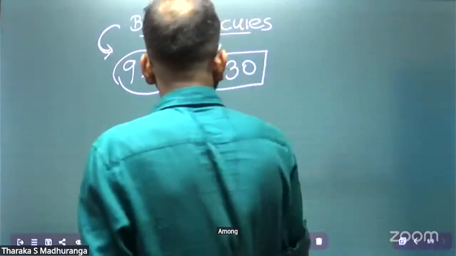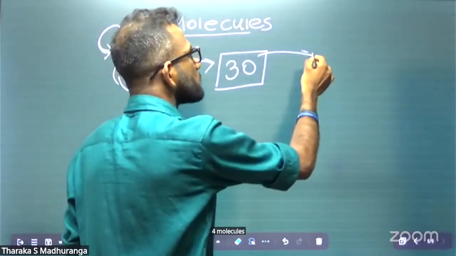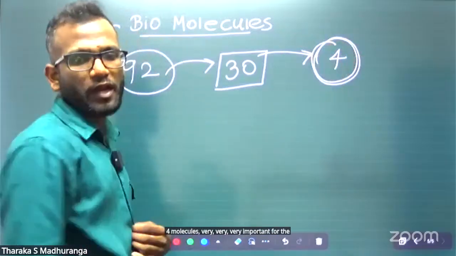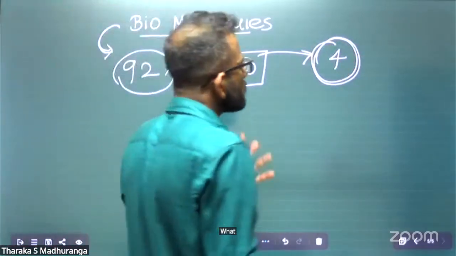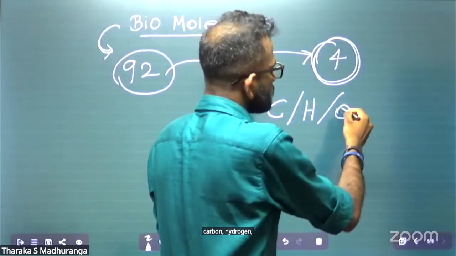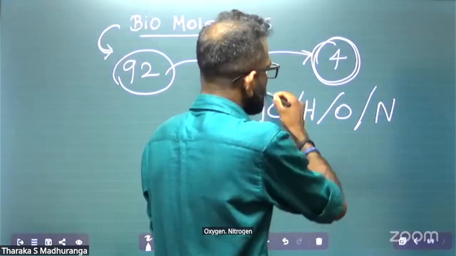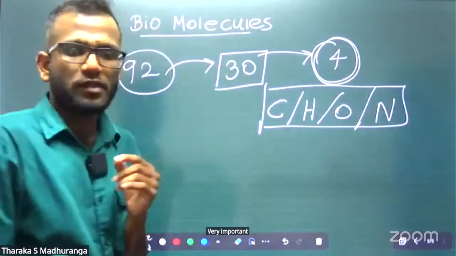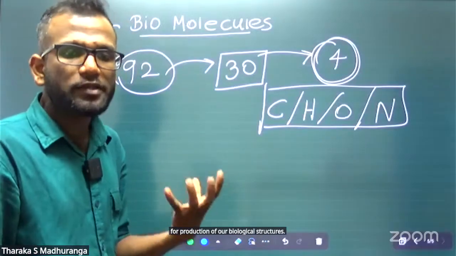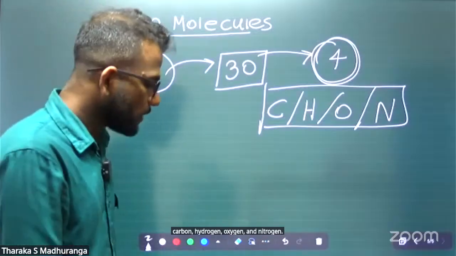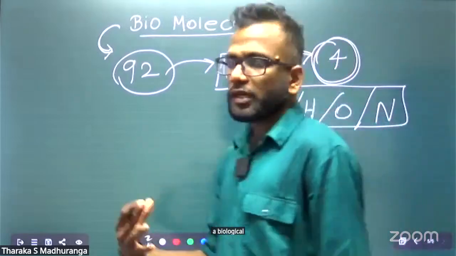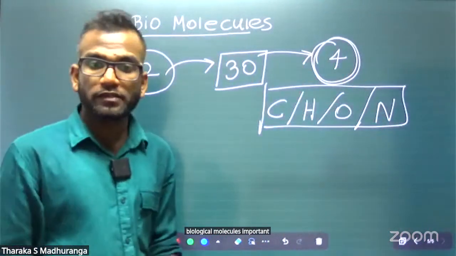Among these 30, four are very important for biological structures. What are they? Carbon, hydrogen, oxygen, nitrogen are the very important biomolecules for production of our biological structures. They are the main biological molecules important to produce biological structures.